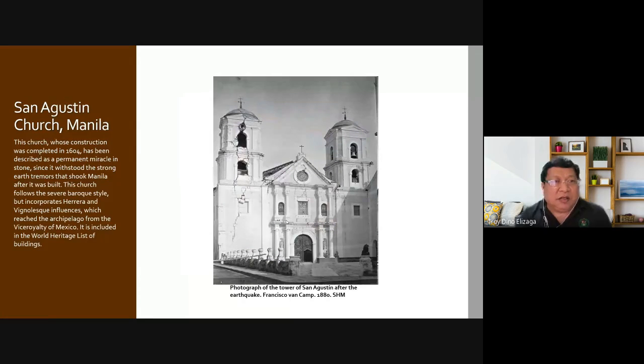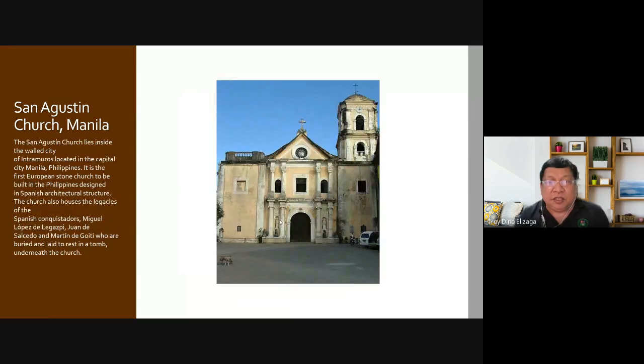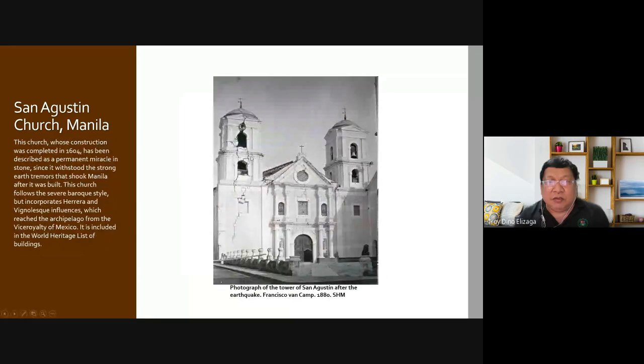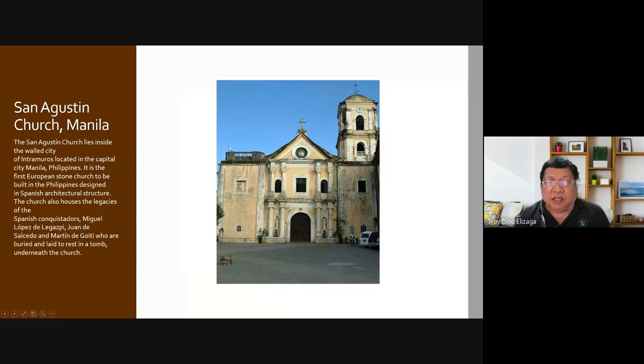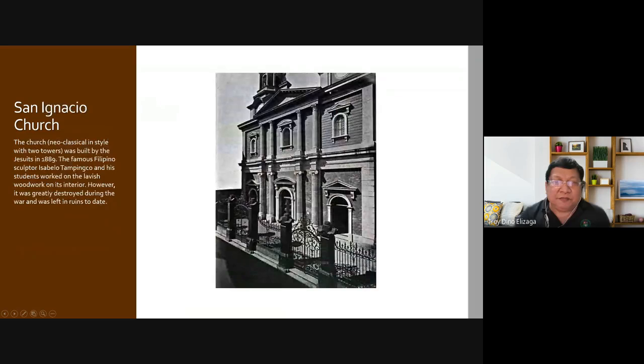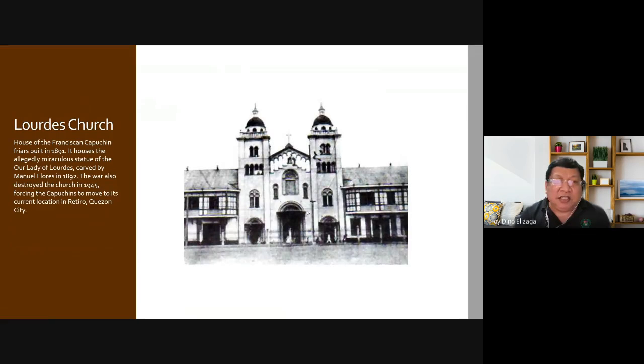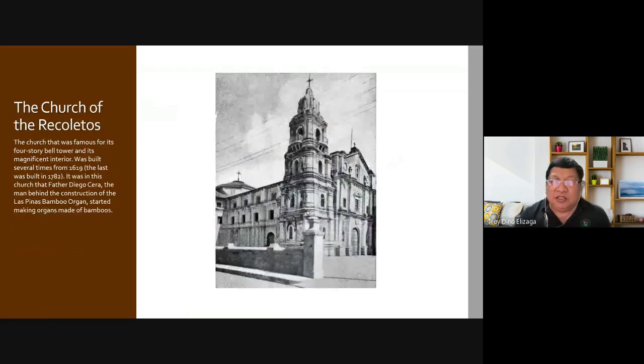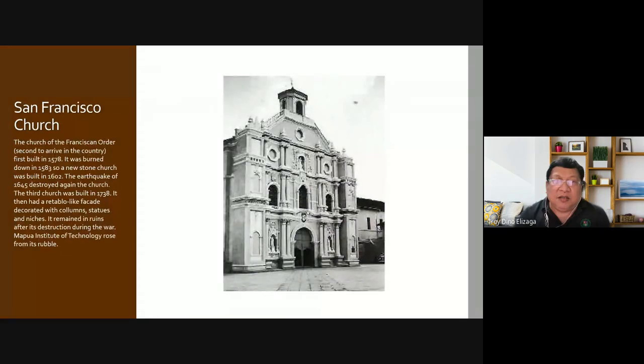Another church is San Agustin, which is now well preserved. This one was totally damaged, and they decided not to rebuild it anymore. So it's not balanced anymore, but still people go there, and the inside is well preserved also. San Ignacio Church is no longer existing, also the Lourdes Church, Church of the Recoletos, and San Francisco.